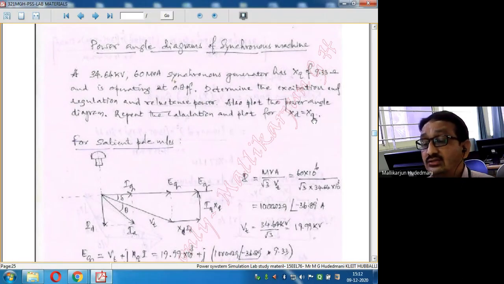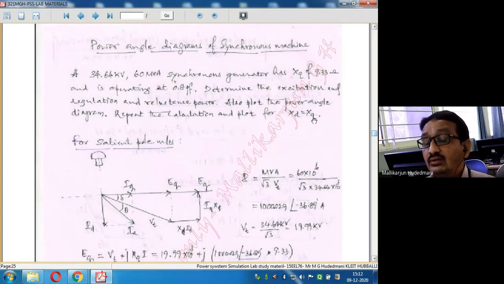I need to understand. Not only that, I have to represent graphically the plot of power with angle. The power angle is an angle between the vectors of voltage of the synchronous generator and the bus to which it is pumping the power.